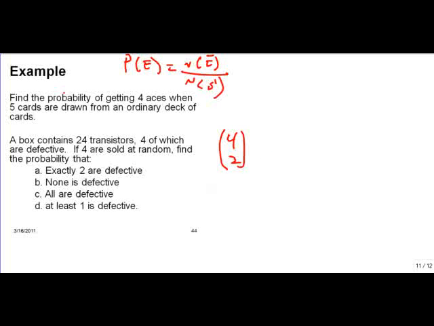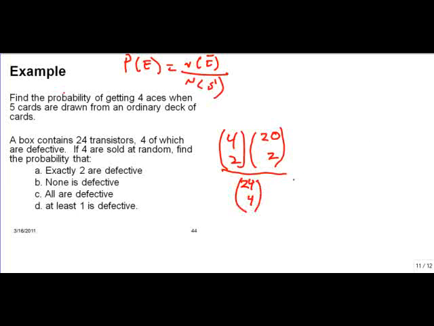We have 4 bad ones, so that means we have 20 good ones. Out of the 20 good ones, we need to pick 2 of them, and order doesn't matter, so there's 20 choose 2 ways of doing that. All this is going to now be over 24 choose 4.